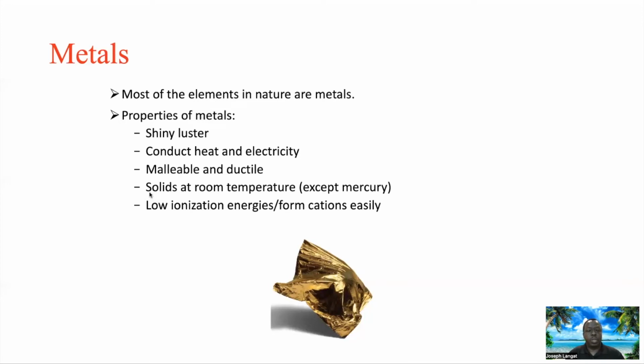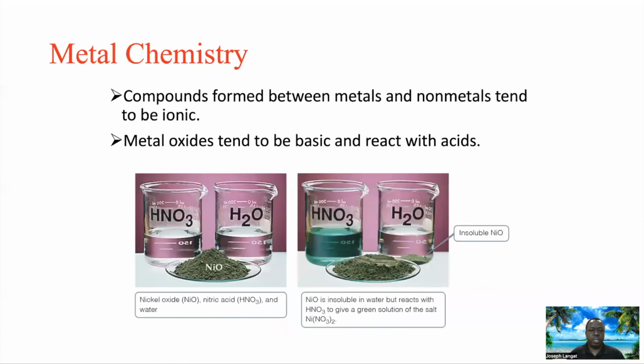They are gases at room temperature. We have solids, of course, such as iodine. We have liquids such as bromine, but most of them are gases at room temperature. So remember that they have high ionization energy.